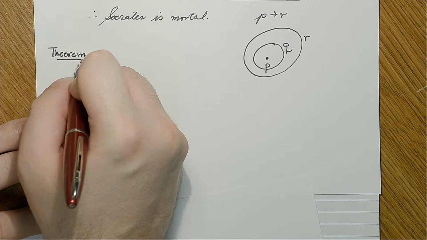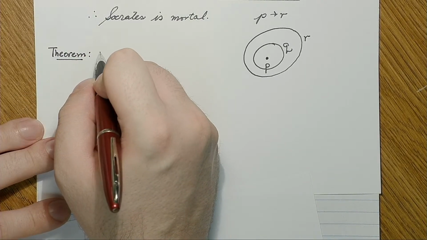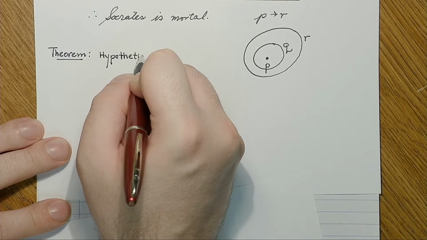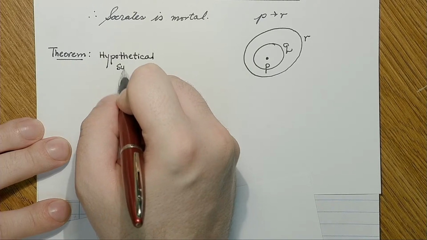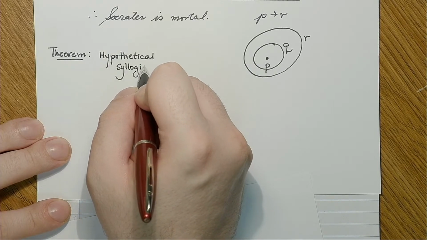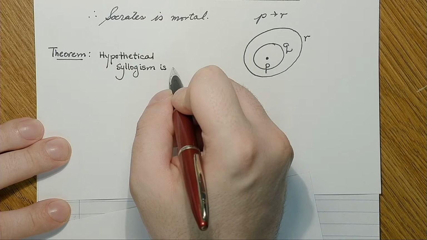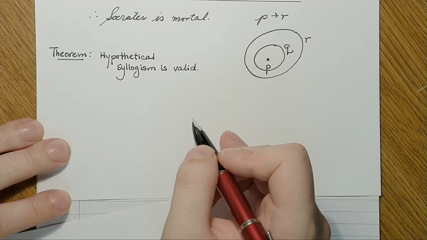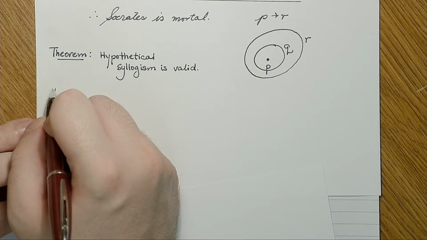So this is a theorem: the hypothetical syllogism is valid. And for this one, we'll do a proof by truth table.